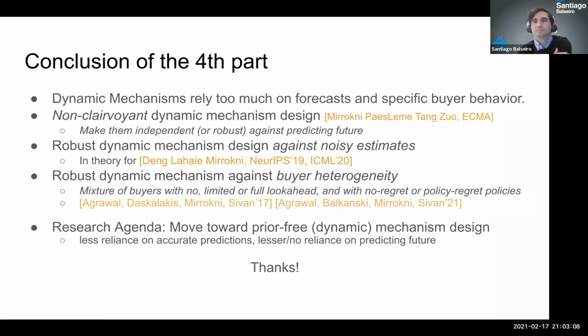In the context of ML advice, we can also assume other types of advice that may not be a distribution forecast, maybe knowing some parameter somehow, that will help us in achieving a much better approximation factor.